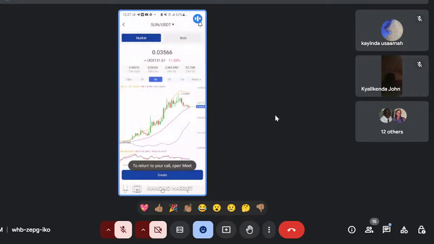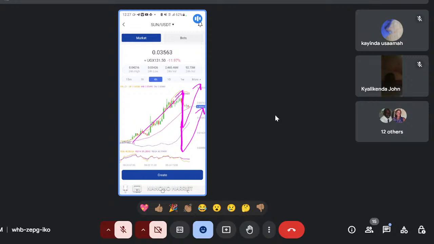So I was saying that now, Sun, however much it is the second worst performer, is not good to enter right now because it moved this distance. It has to first do a 50% retracement before it goes up again, or it will have to first retrace 100% before it goes up again. So this one also is not good to trade.